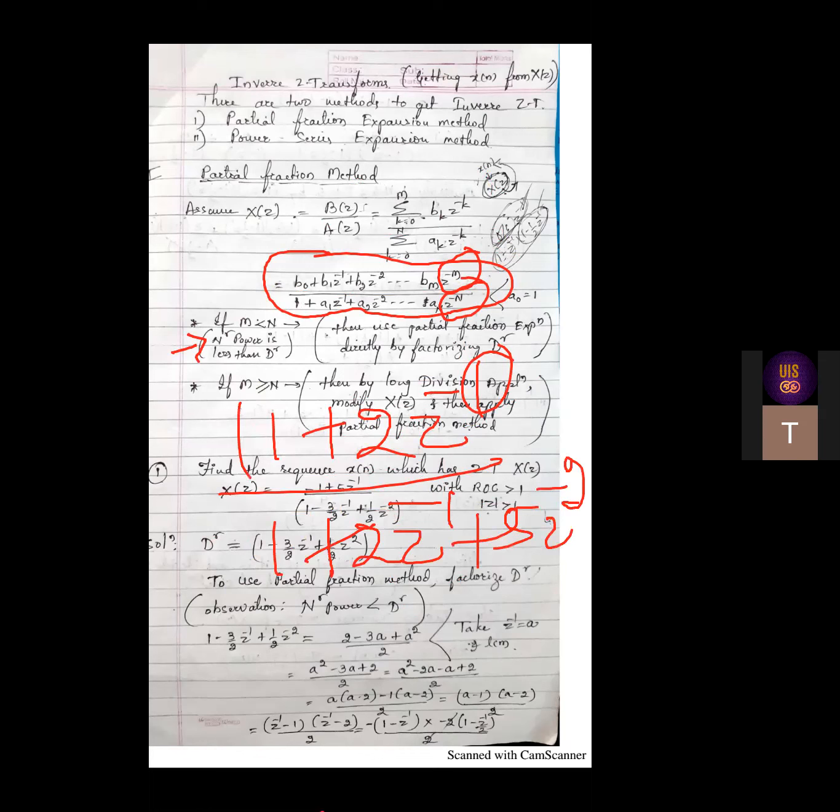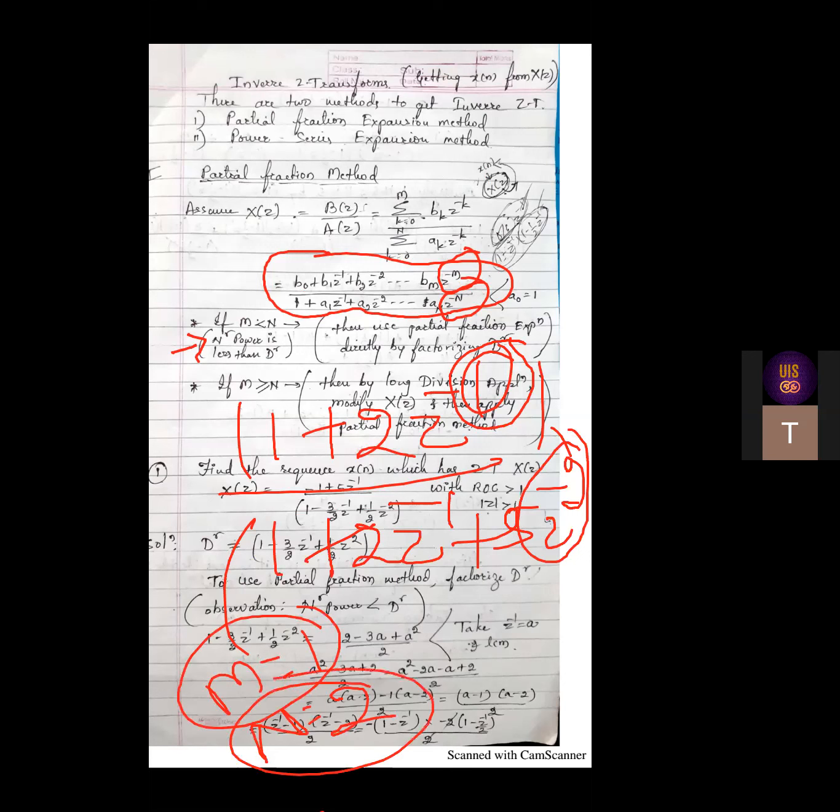The numerator has the power 1, that is M is equal to 1, and the denominator has the power 2. So this is the first condition, where the numerator power is less than the denominator power. In that case we have to go for partial fraction expansion directly by factorizing the denominator.